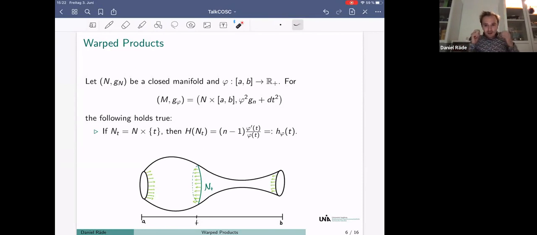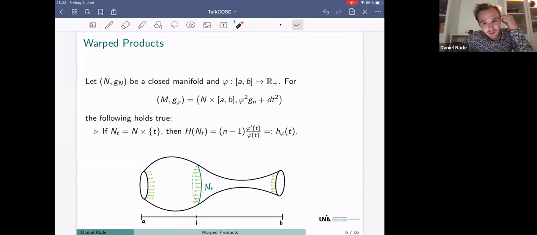So since Simone and Rudolf did not define model spaces, it was implicit, I tried to figure out what a good notion of model space is, and then again, if you look at Gromov's papers, deep in there, it's already written down. So for us, a model space will be a warped product.